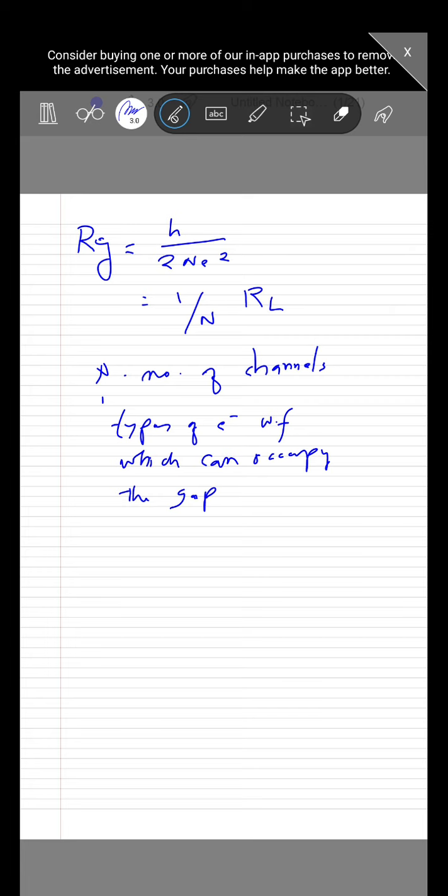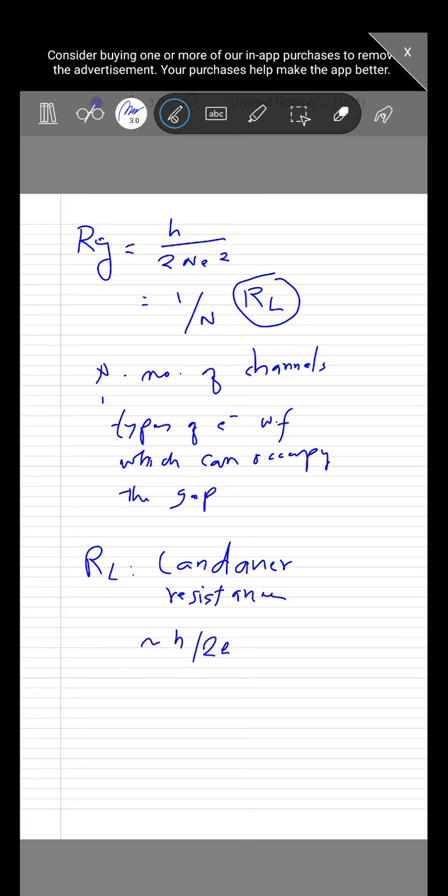So this R_L is called the Landauer resistance, where G is h by 2e square, as you can see, and its value is about 12.9 kilo-ohms.